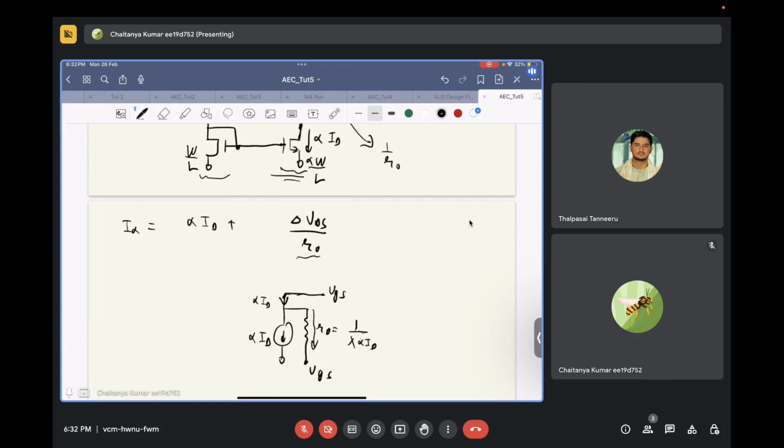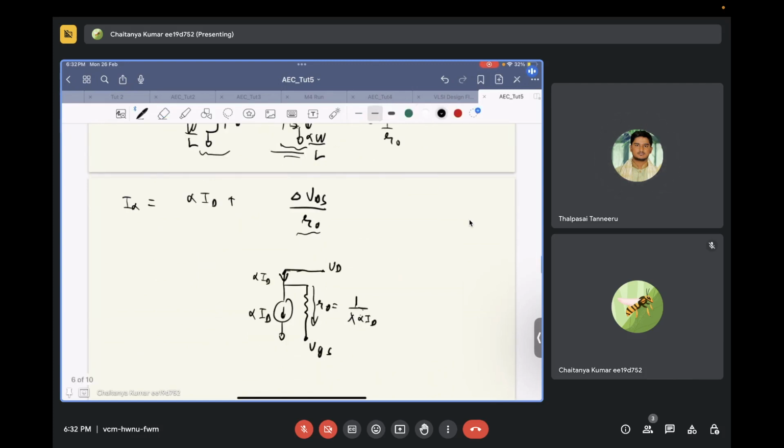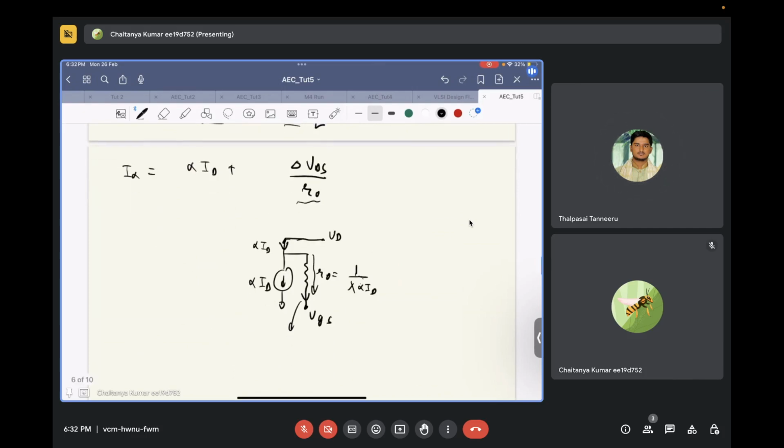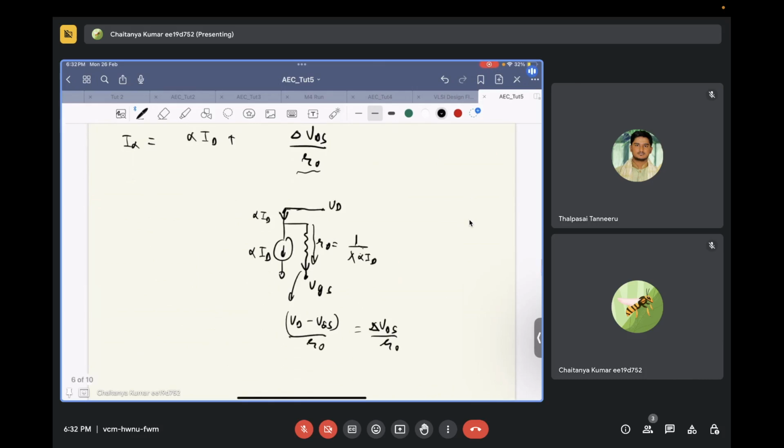If there is anything apart from VGS, let's say VD, then the current flowing from here is VD minus VGS by R naught, that is equal to delta VDS by R naught. So overall, the current flowing from this current source will be alpha ID, the original current, plus delta VDS divided by R naught. You understand?